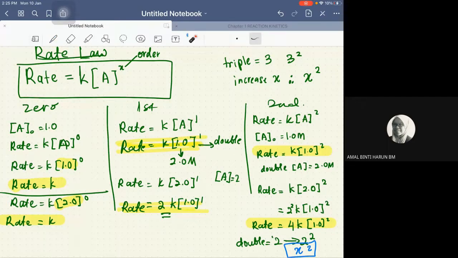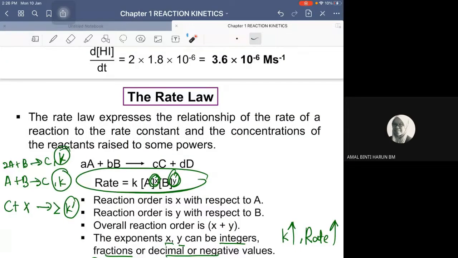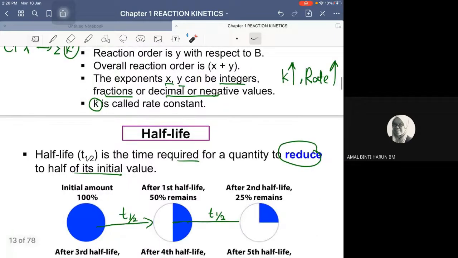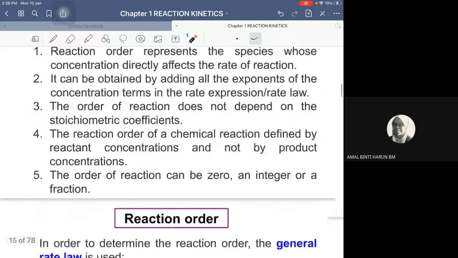Daripada satu rate equal to this one, now we compare with this one. Bila kita double concentration, dia akan from K become 4K. Okay. Itu adalah beza second order, first order dan zero order.